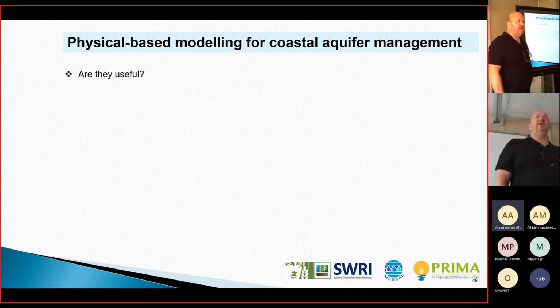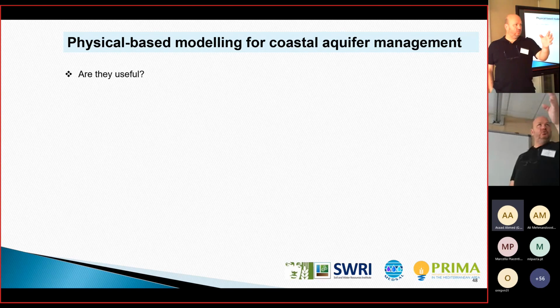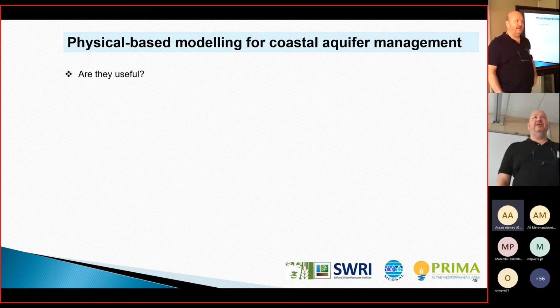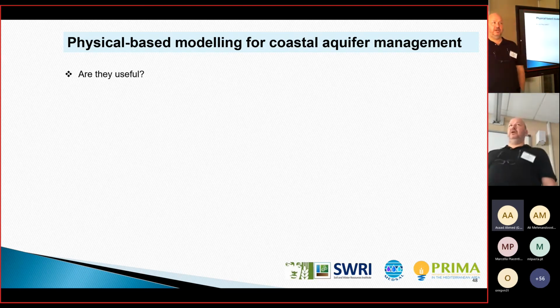So we need them if for a particular aquifer we have the appropriate data to construct the model. If we don't have the data, then we should first collect the data. Exactly. Okay.